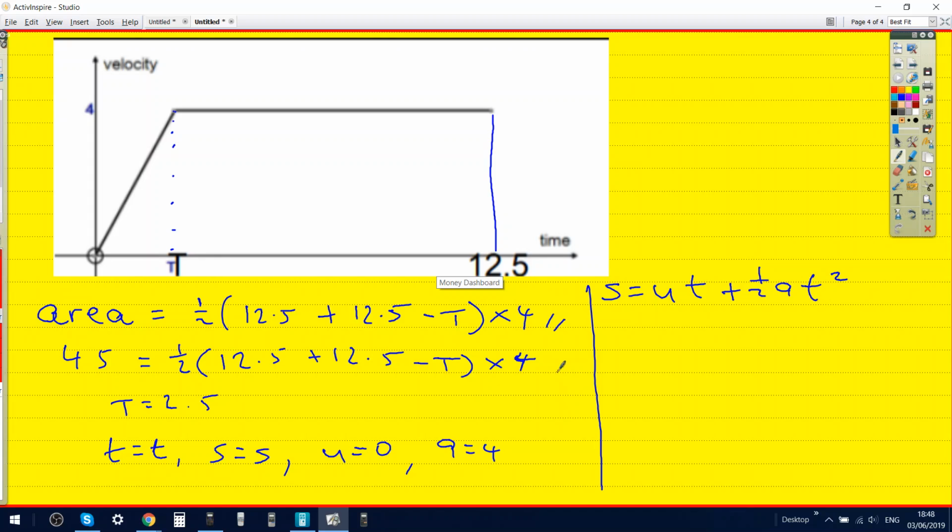So s equals 0 plus half times 4 times t squared. And so s is 2t squared. I think that's it. Because it's one acceleration, I thought they were talking about the whole thing in general. But that's why they limited it, somewhere between 0 and t.